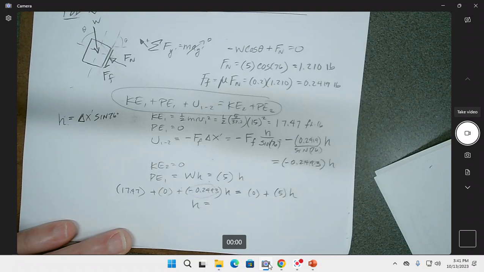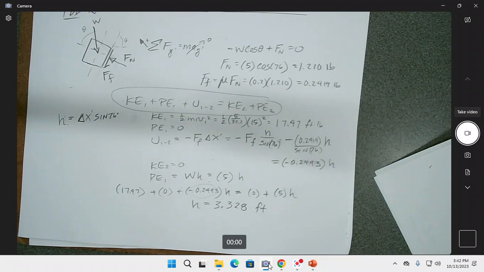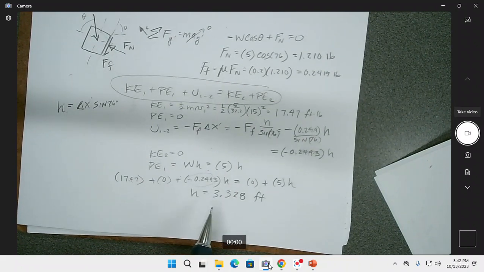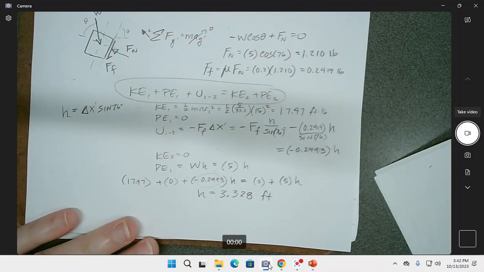I think I just hit the wrong button like 3 times. 3.28 feet was that, and I thought it would be a lot higher. The angle's pretty high, so that would be the result.